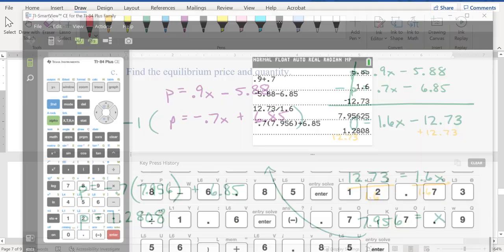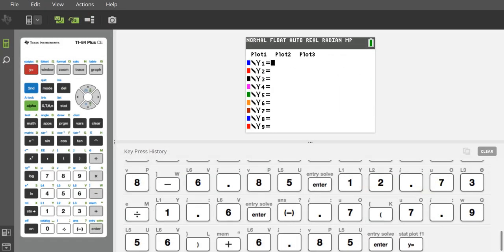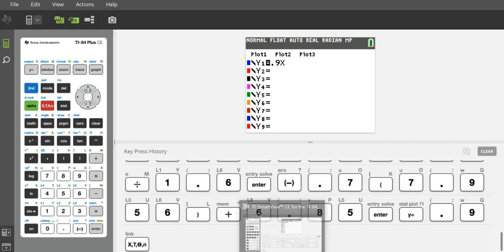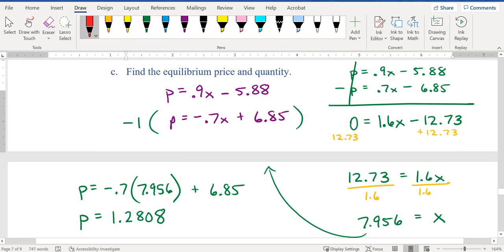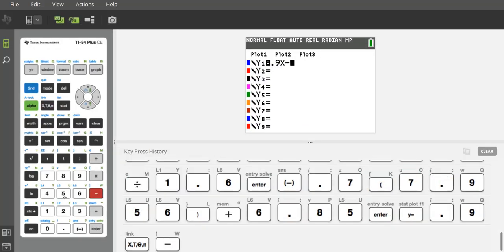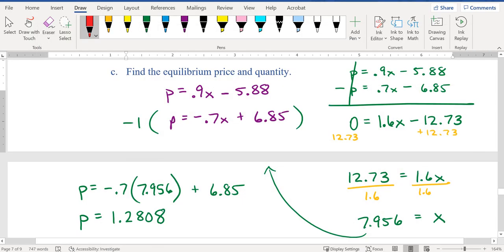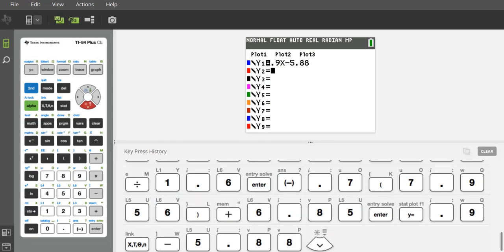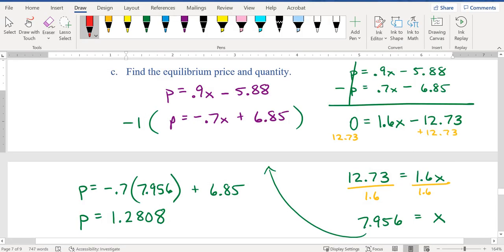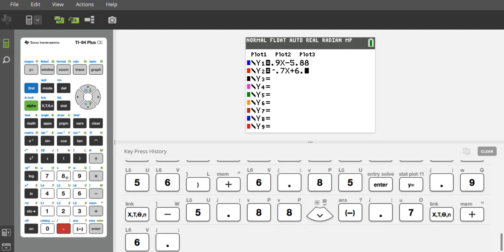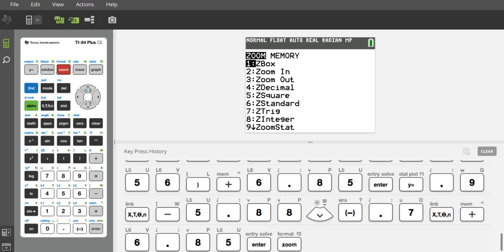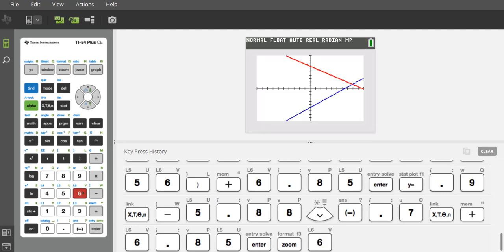Y equals 0.9x minus 5.88. My y2 is going to be negative 0.7x plus 6.85. I'm going to do a zoom 6 to start with.